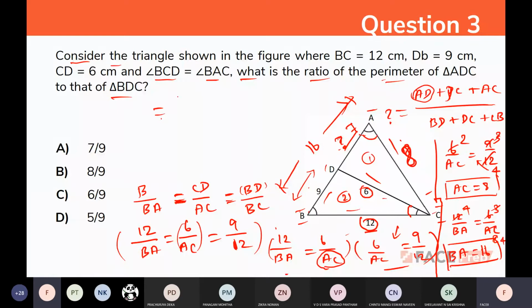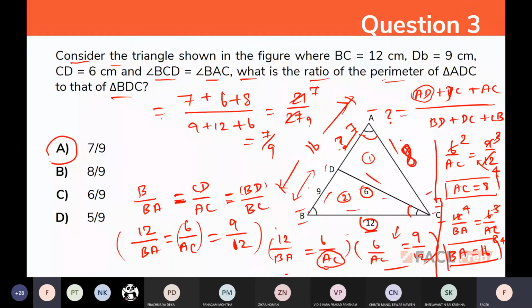So all the sides, we can add all the sides. 7 in this triangle, 7 plus 6 plus 8 divided by, in lower triangle, 9 plus 12 plus 6. So in here 7, 13 and 21, here it will be 27. So answer will be 7 by 9 if you are dividing it with 3 table. 7 by 9, okay, so option A is the answer.